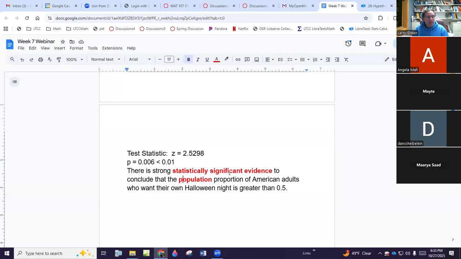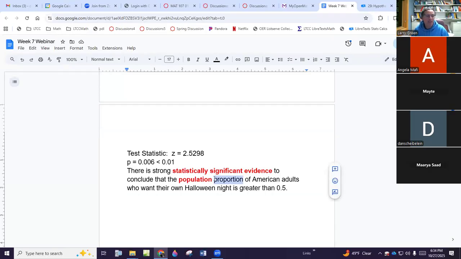And then you would conclude that the population proportion, it's not about the sample. If you don't use the word population, then you're not really saying whether you're talking about the sample or the population. So we need to say the word population. Got it? These words are essential, and you'll lose points if you don't have them. And don't write mean if it's a proportion.